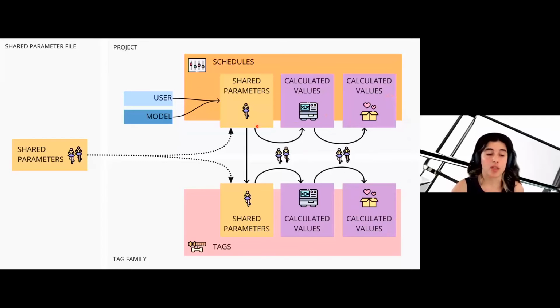And to start the process, we always have some inputs from the model. In our case, we have the area and some user inputs, which are the keys to start the whole process of identifying those spaces specification.